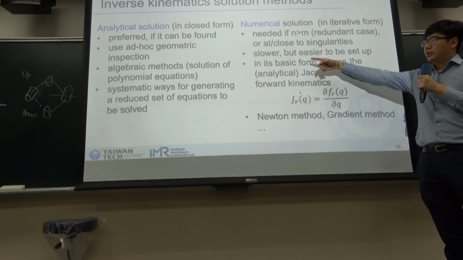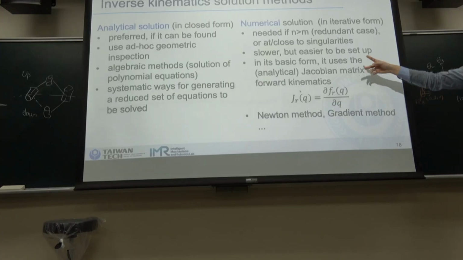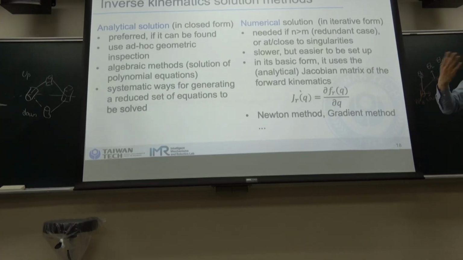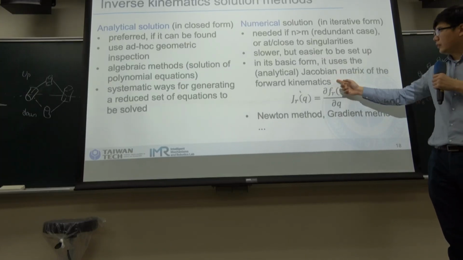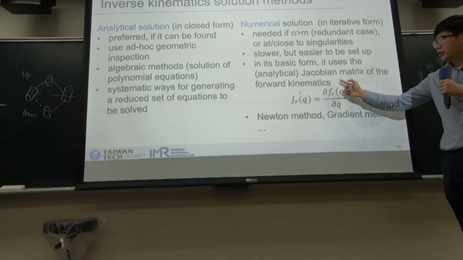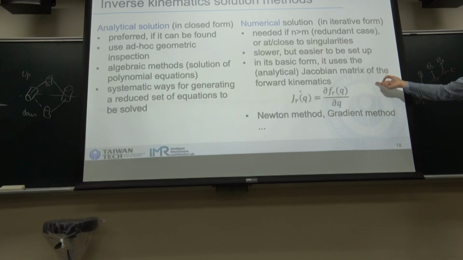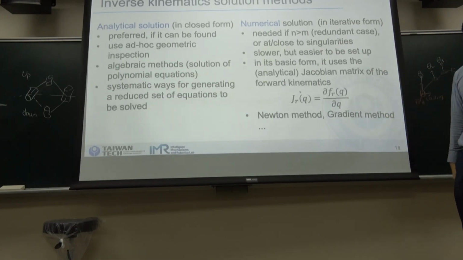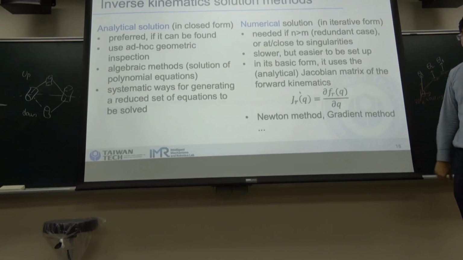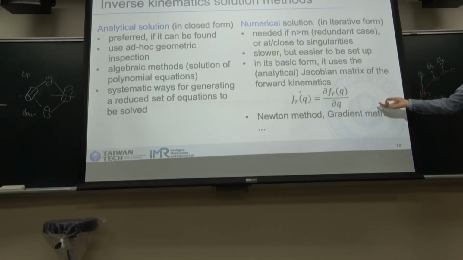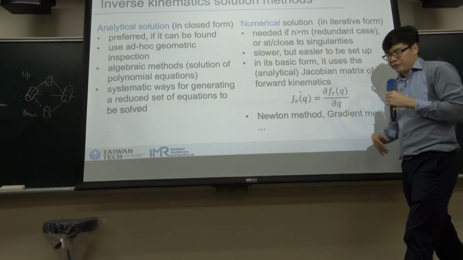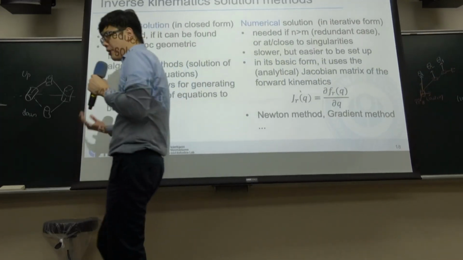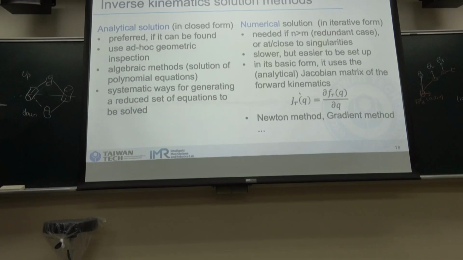It's slower because for the numerical method you need to try out the numbers. One way is using the Jacobian matrix of the forward kinematics, which we'll teach next week. There are also the Newton method or gradient method. It is just trial and error to find the correct number.